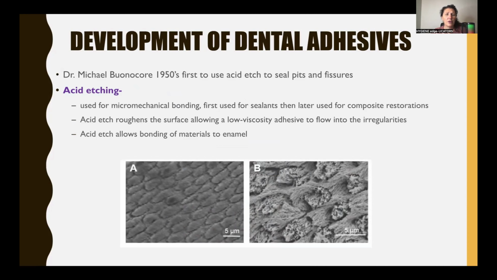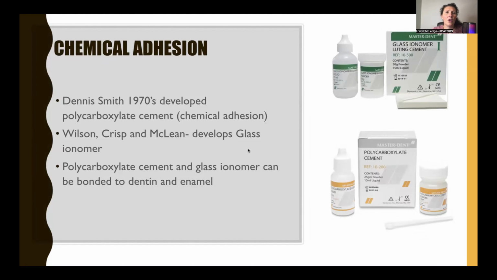So if we were to use a sealant material to flow into those areas and it hardens in those nooks and crannies, all becoming one piece, it attaches to the enamel and can't pull back out because it's mechanically retained. But I did not use a glue to make this happen. So next, let's talk about chemical adhesion, like the glues, okay?